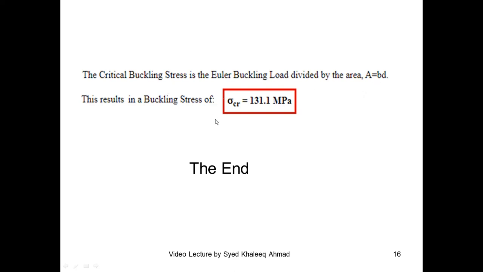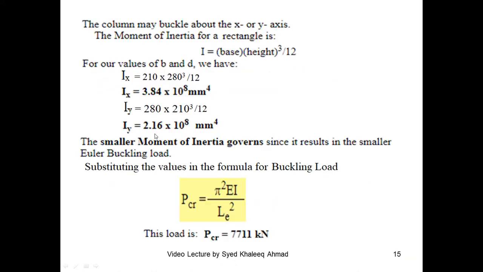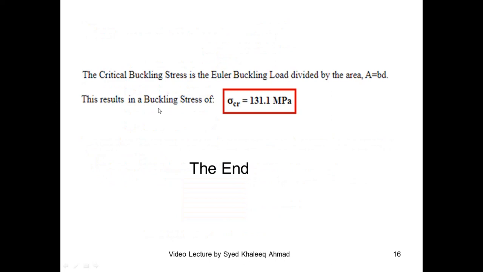So critical load divided by the area. In this case, that area will be 210 multiplied by 280 millimeter square. We will divide the load by area and you will get this value as 131.1 megapascal. In a simple way, you can find critical stress. With this, we come to the end.